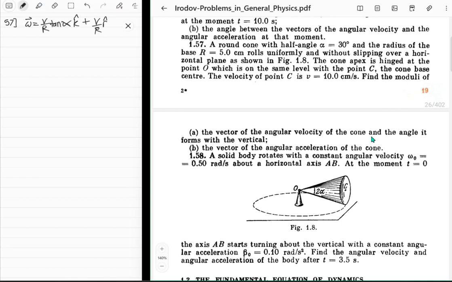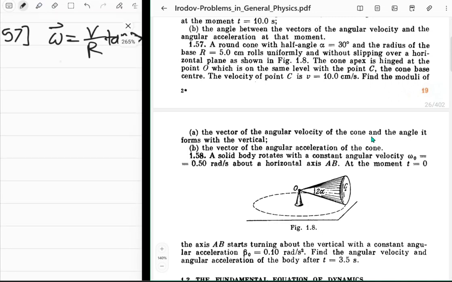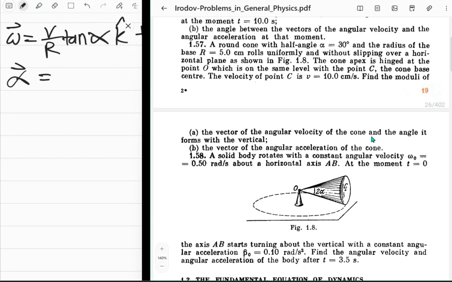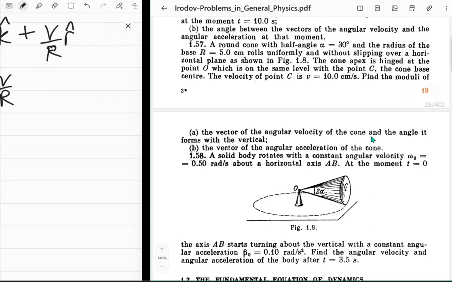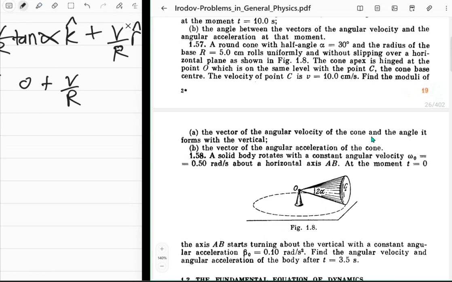We didn't actually find the angular acceleration. So the vector of the angular acceleration, we've got that over here. k hat isn't changing, so this will be 0, and then plus v upon r times dr hat upon dt. What will that be? If you have a circle, its r hat is changing like that.